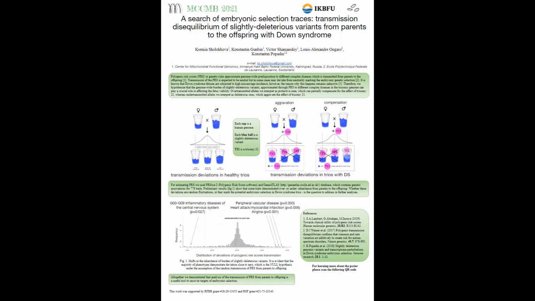A potential way to find embryonic selection traces is to examine how slightly deleterious variants are transmitted from parents to the offspring. Now, please pay attention to the first picture marked as transmission deviations in healthy trios.